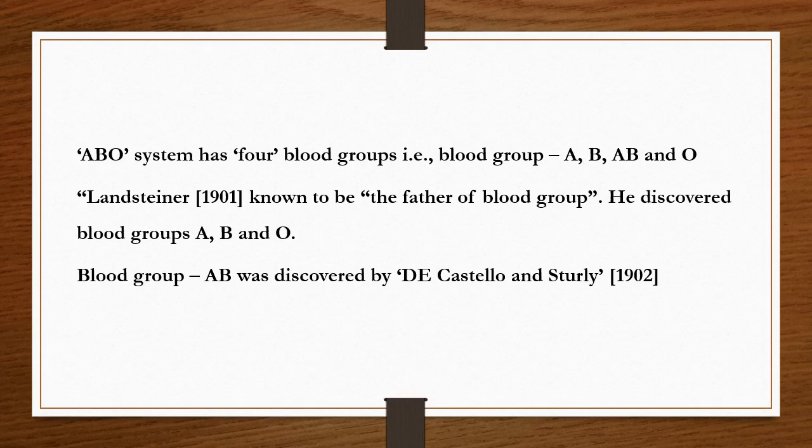They are blood group A, blood group B, blood group AB, and blood group O. Landsteiner in 1901 is known to be the father of blood group because he discovered the blood groups A, B, and O. Blood group AB was discovered by De Castello and Sterling in 1902.